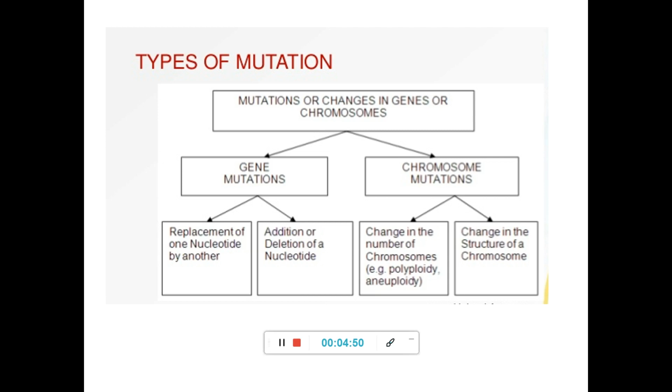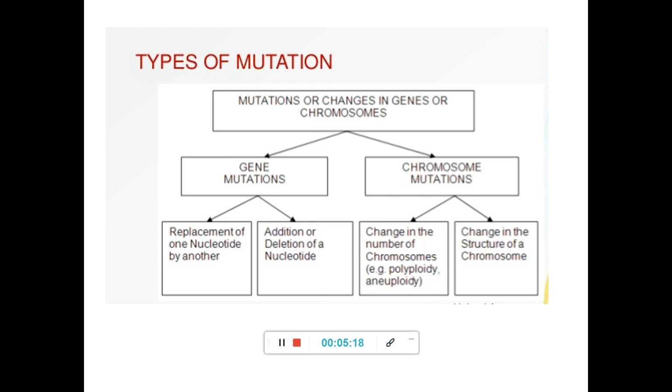Now coming to chromosomal mutations, they could be due to a change in the number of chromosomes, which comes under polyploidy and aneuploidy, which you'll be learning in detail. It could also be due to a change in the structure of the chromosomes. When you talk about mutations in prokaryotes, the level to which gene mutations can happen may sometimes be limited to point mutations.